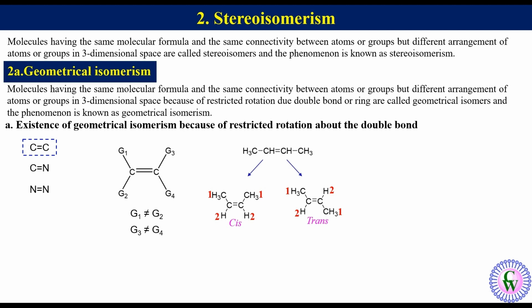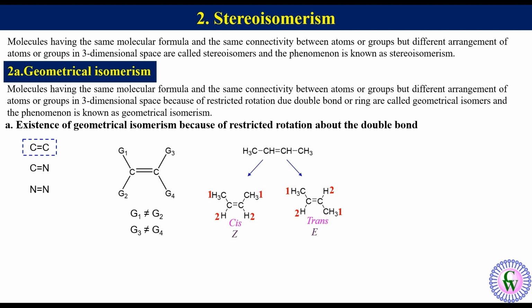The isomer with the same priority groups on the same side of the double bond is called Z isomer, while that having same priority groups on the opposite side of the alkene is called E isomer. For more details about EZ isomerism, I have made separate videos. You can find the link for them in the description box of this video or by clicking on the I button.